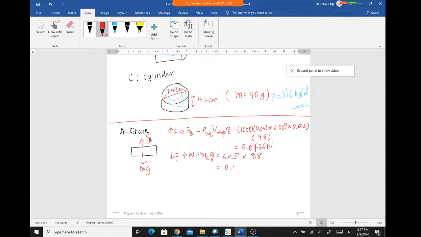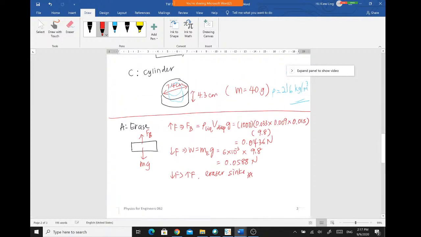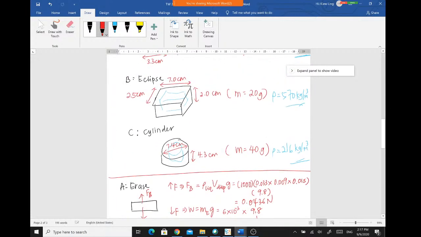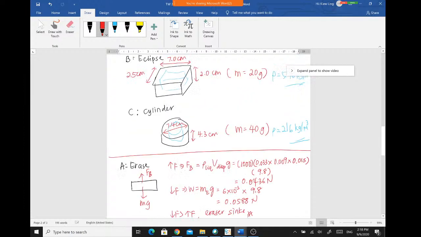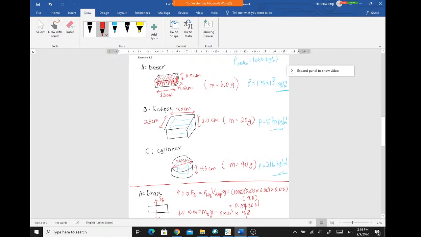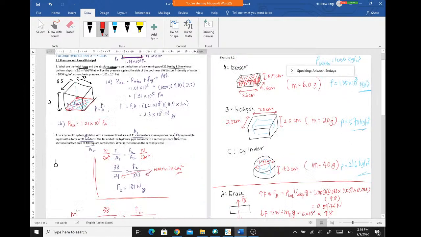So 0.0588. So since downward force is larger than the upward force, that's why eraser sinks. Okay, so you do the same for both eclipse and cylinder. Then you tell me the answer later.